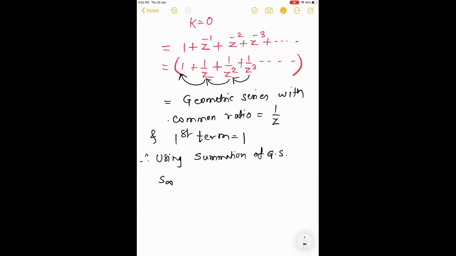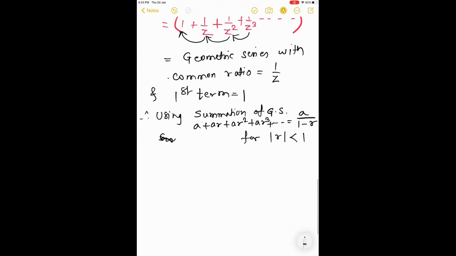S infinity, if you have written, a plus ar plus ar square plus ar cube. What have you written? This is equal to a upon 1 minus r, for modulus of r less than 1.